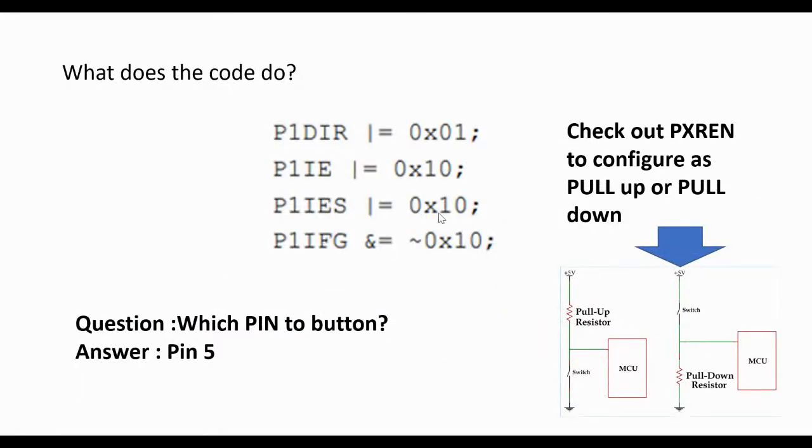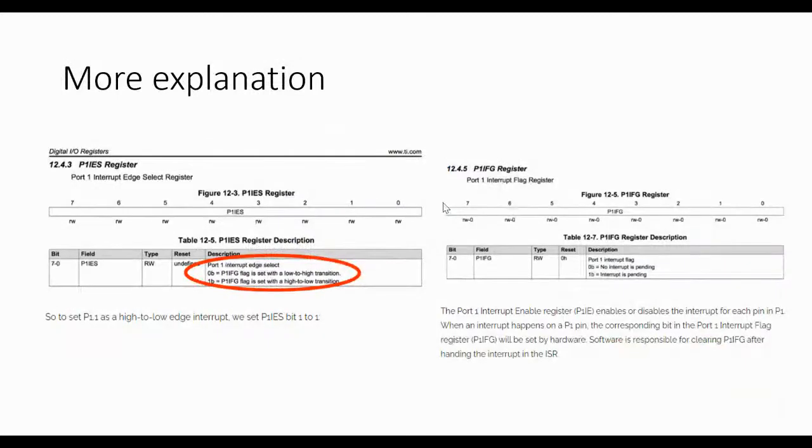If you set this bit as 1, meaning the fifth bit is on, the fifth bit uses the transition from high to low. Normally the pin would be 5 volts; when you press it, it becomes 0 volts.